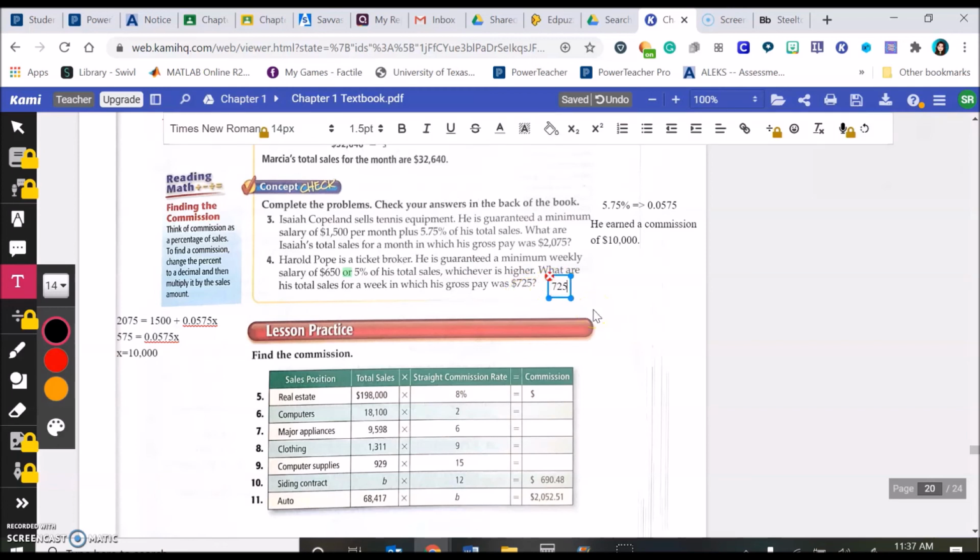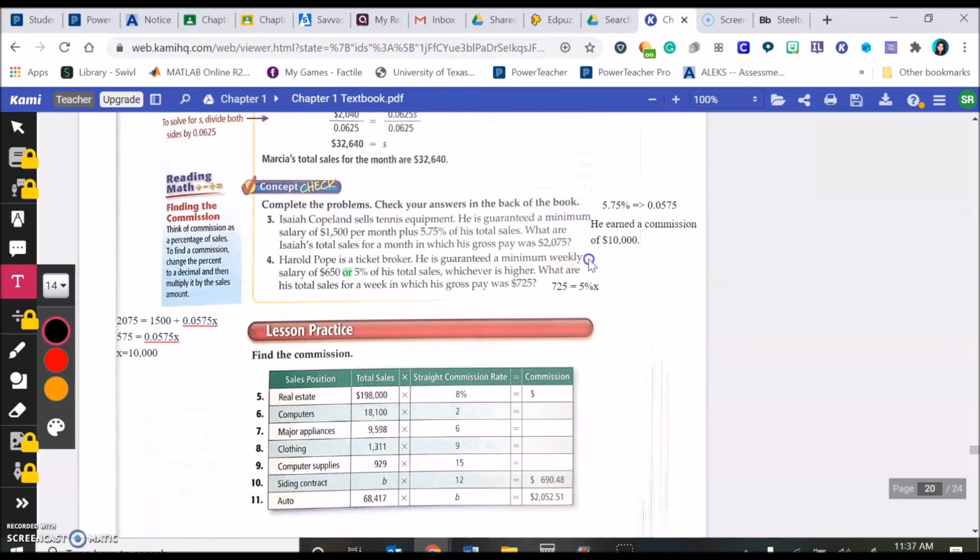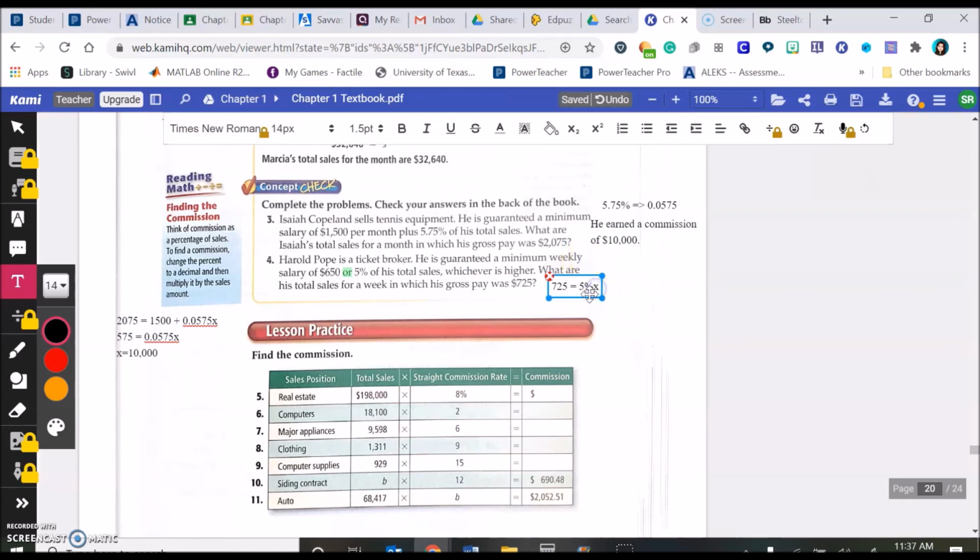So $725 equals 5% times his sales. I want to change 5% to a decimal, which is 0.05.